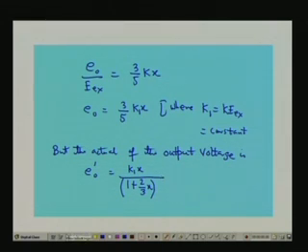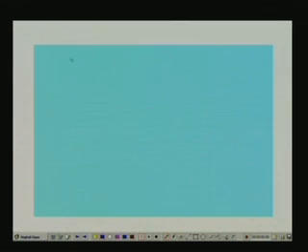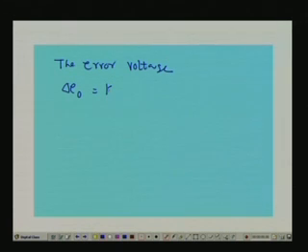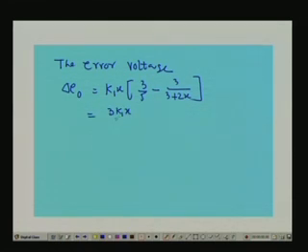The error voltage obviously will come up as the error voltage, so I give it the name delta E naught equal to K1 x 3 by 5 minus 3 by 3 plus 2x, equal to 3 K1x by 5.